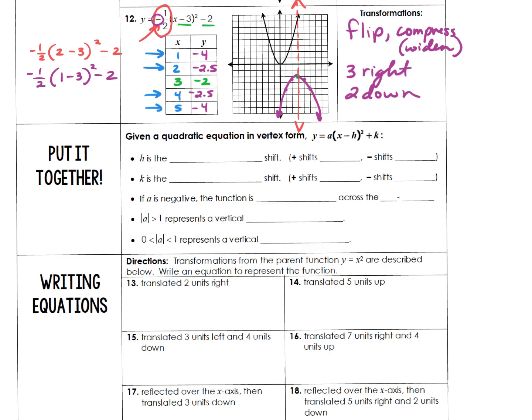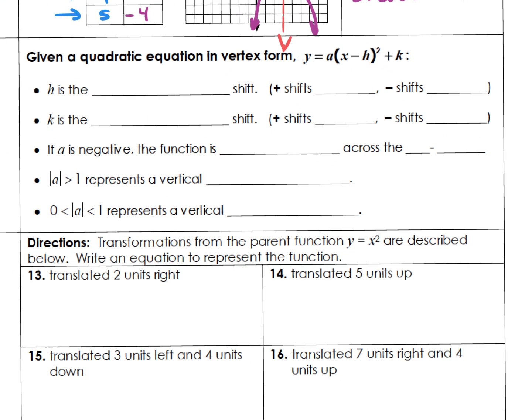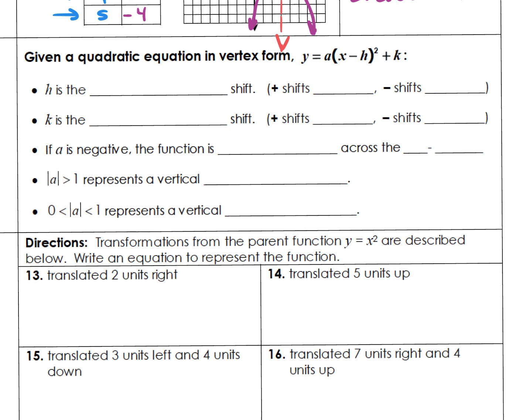Okay, let's do this. The first one, the H, this letter right here. Can anyone tell me which way that shifts? Is it horizontal or vertical? Is that going to shift you like this or like this, Sydney? Horizontal. The one that's inside the parentheses is associated with your X value. Okay, so your X changing is this way. So H is the horizontal shift.